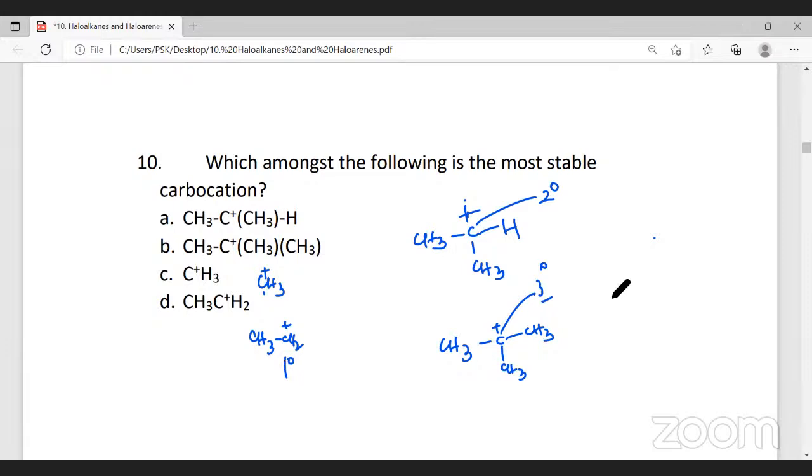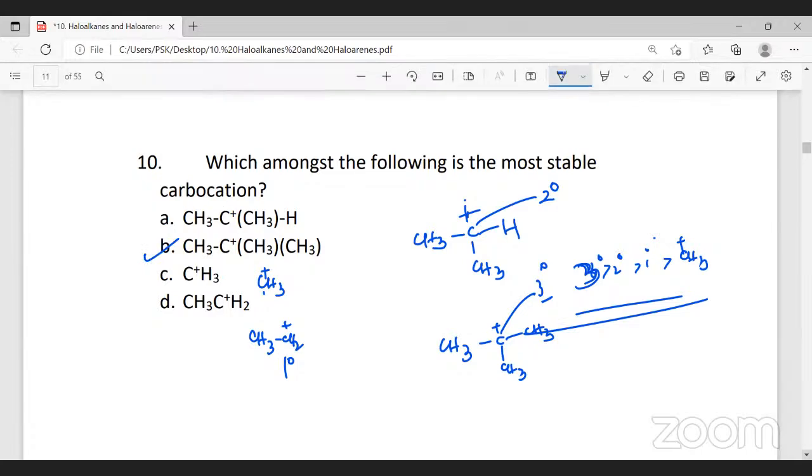You should know that a tertiary carbocation is more stable than a secondary, secondary is more stable than primary, and primary is more stable than the methyl carbocation. Since tertiary is the most stable, the answer for this question is option B. Followed?